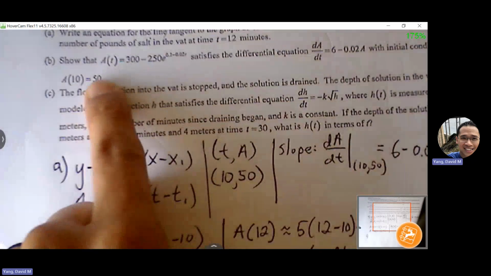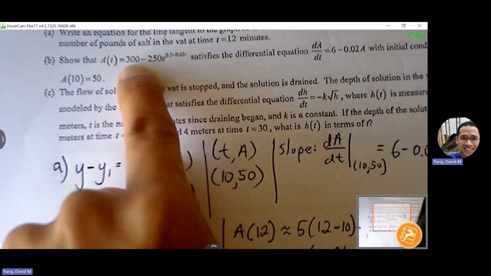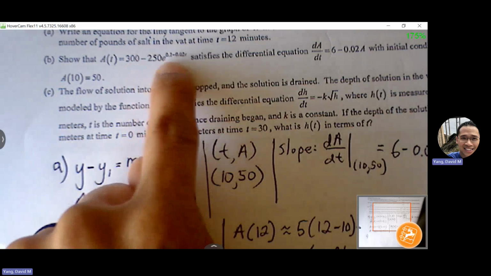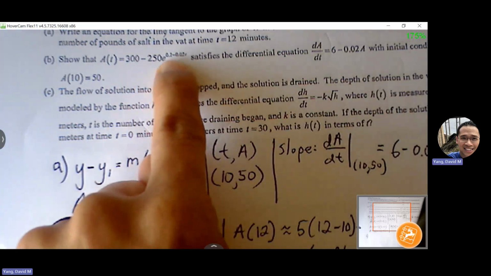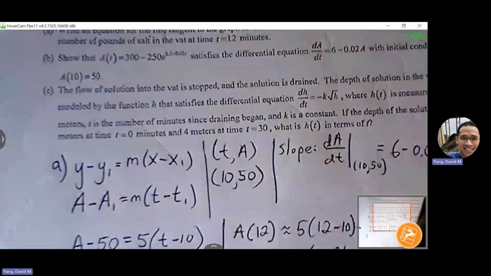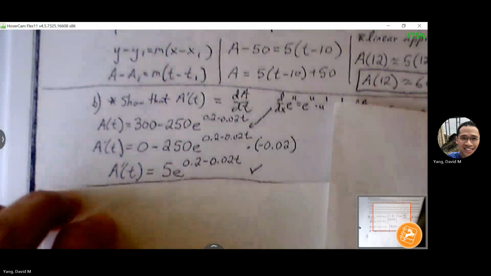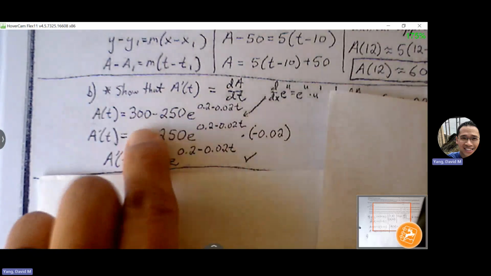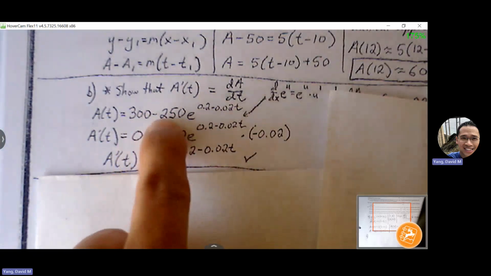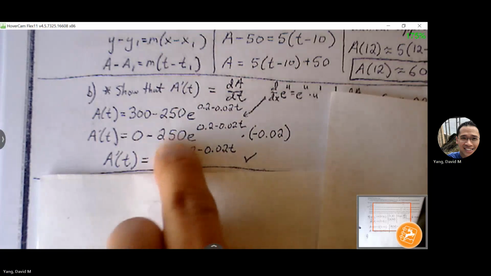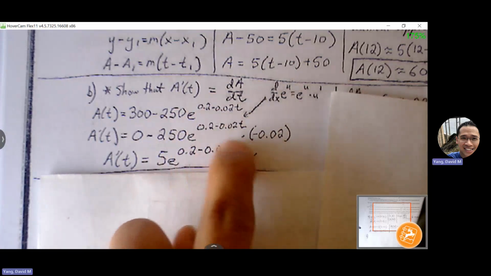Okay, so let's think about the derivative, right? What's the derivative of 300? Just 0, right? And this is e to the u. What's the rule for e to the u? Yeah, e to the u times u prime. So that's the way we're going to approach it. 300 goes to 0. 250 is going to stay. e to the u becomes e to the u times u prime.